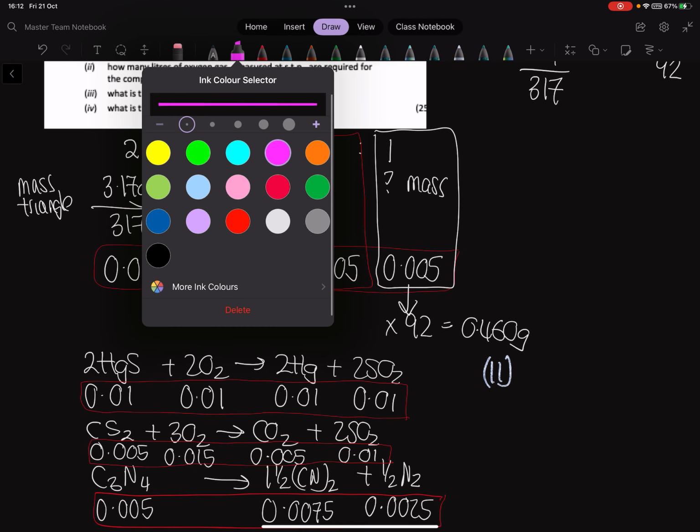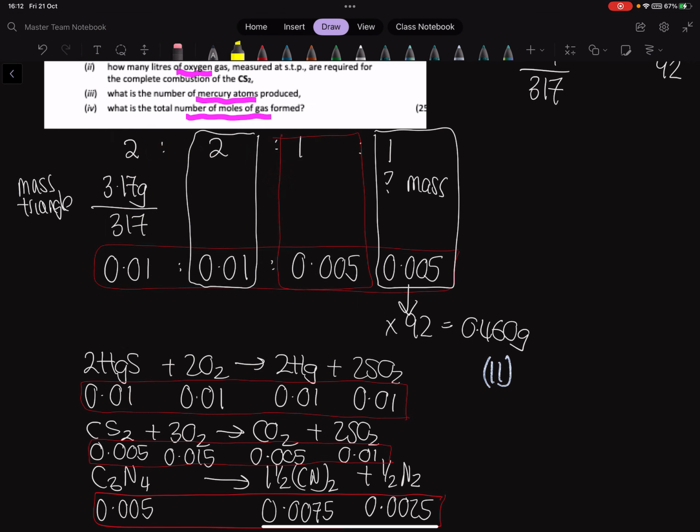So we are looking at this equation down here. How many litres of oxygen measured at STP? So the moles that I'm interested in is the 0.015 moles of oxygen. And now it says litres at STP. So I'm hoping in your head now you are saying volume triangle, STP, 22.4 litres.